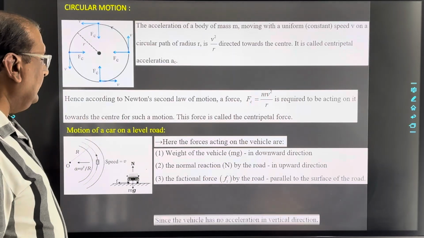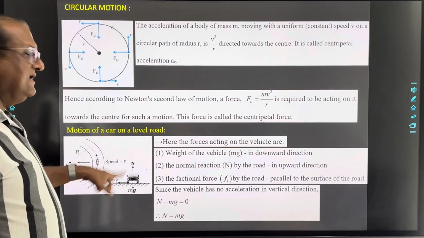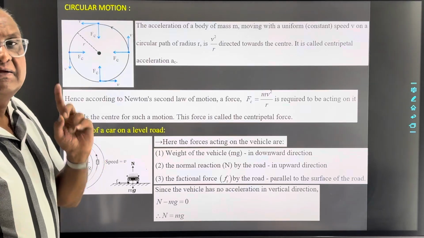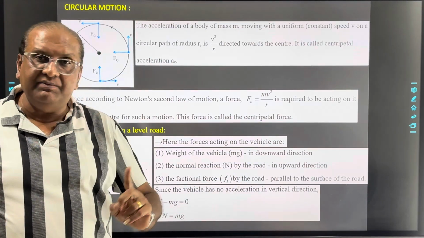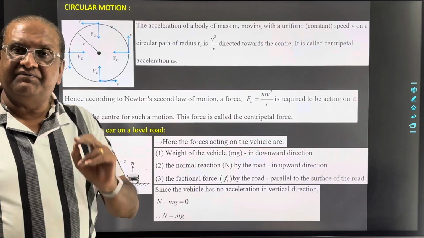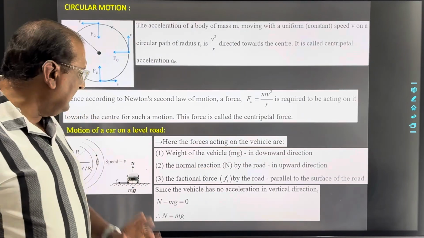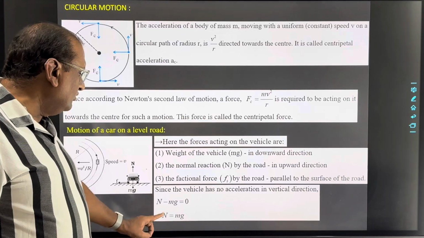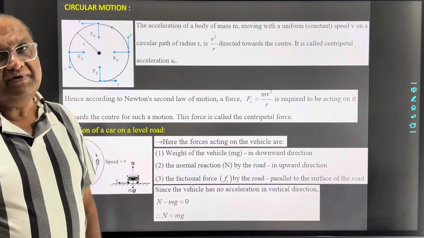Clear? Now see here, since there is no vertical acceleration, or in other words there is vertical equilibrium of the car, therefore N and mg are perfectly balanced. So we can write N minus mg equal to 0, or N equal to mg.